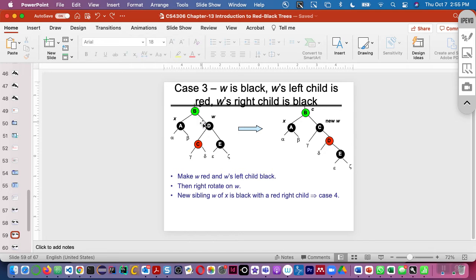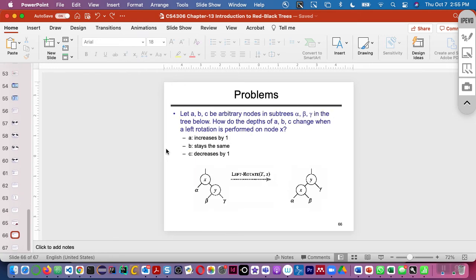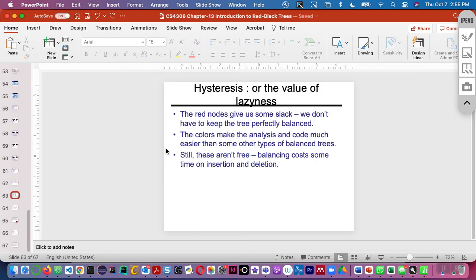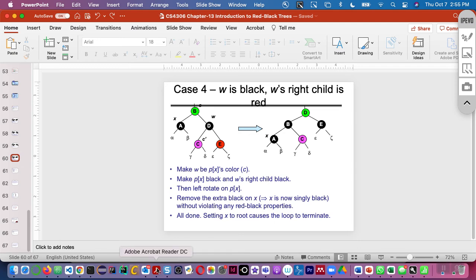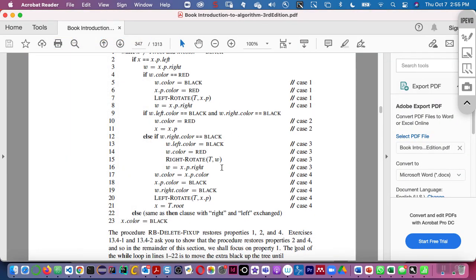This side has 2 and this side has 1. Let me get an example where I can see the delete. Maybe the book has one.